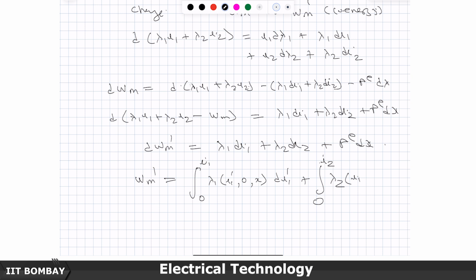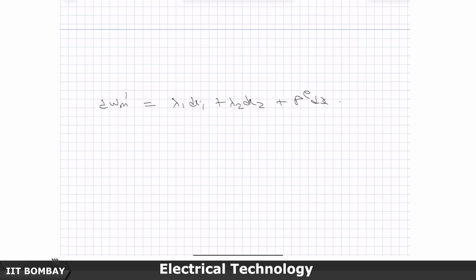So, therefore, I have this second term, which is lambda 2, I1 remains the same, I2 dash increases from 0 to I2, times dI2 dash. So, this is how I calculate my second term, which is associated with the second part here.